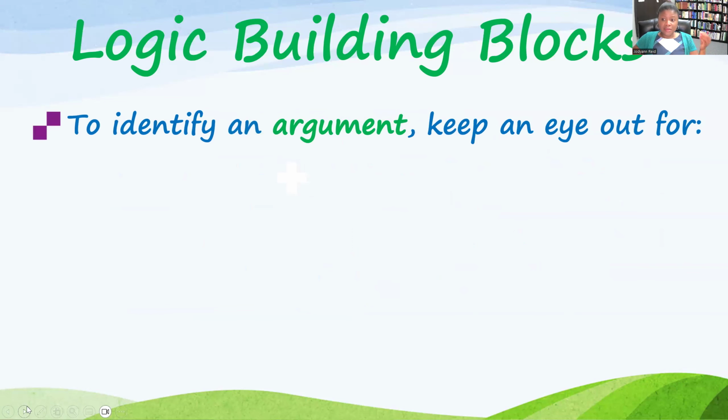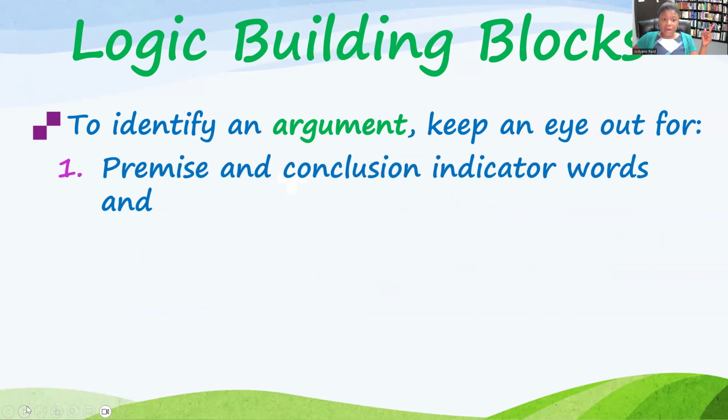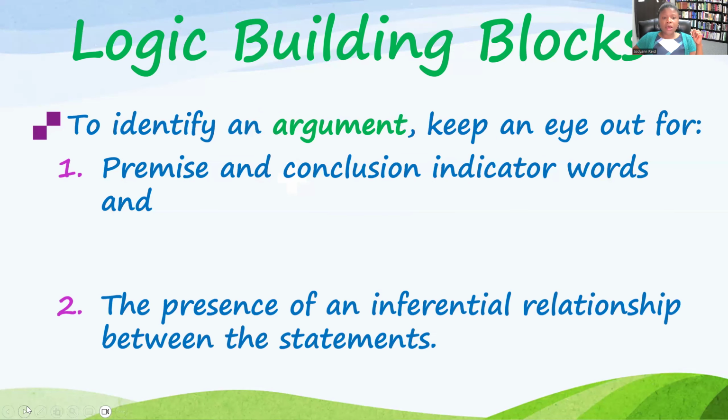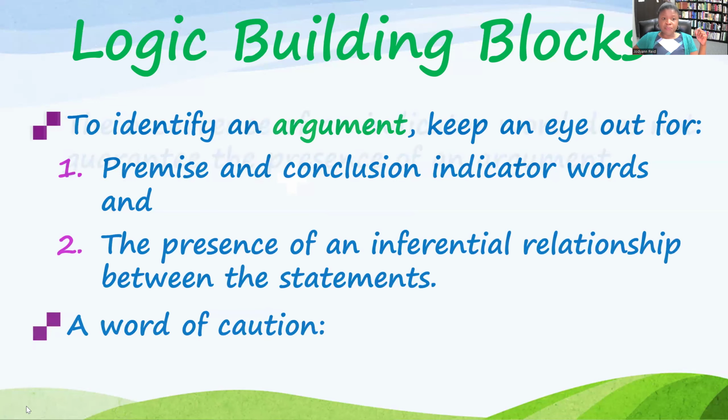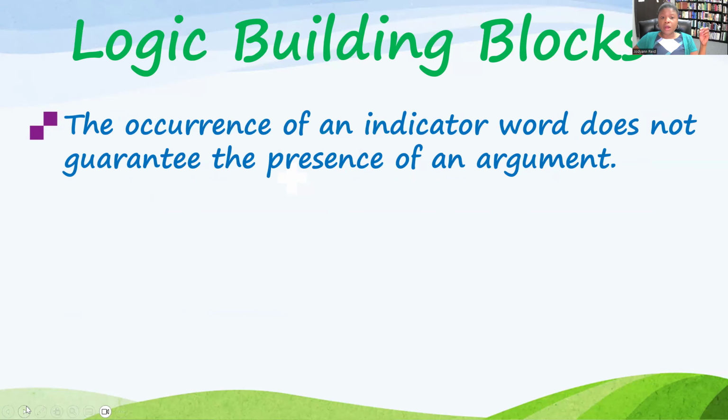So to identify an argument, keep an eye out for premise or conclusion indicator words, and for the presence of an inferential relationship if there are no indicator words. And remember, a word of caution: even though there is an indicator word, it does not mean that it is an argument. You want to look for all of the things that we talked about before.